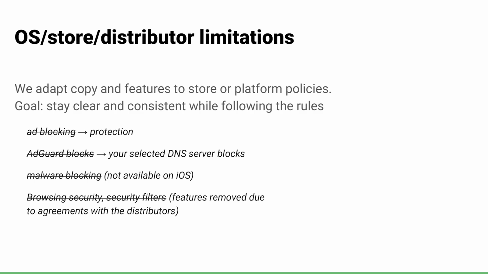For example, in some cases, we have to rephrase ad blocking as protection. Instead of saying AdGuard blocks this and that, we say your selected feature blocks that. Or in other cases, like on iOS, we cannot just block malware. We make sure to remove any mentions and also the features that are related to malware blocking.